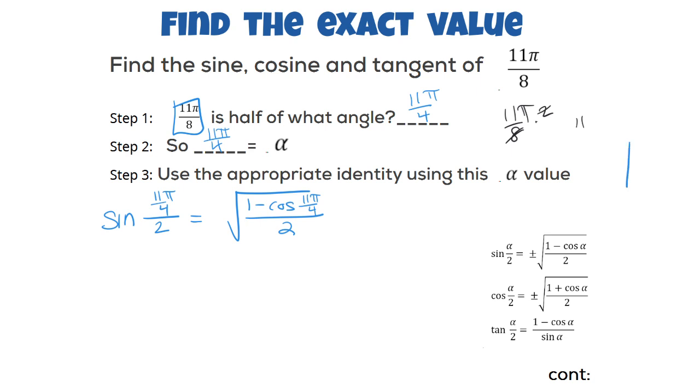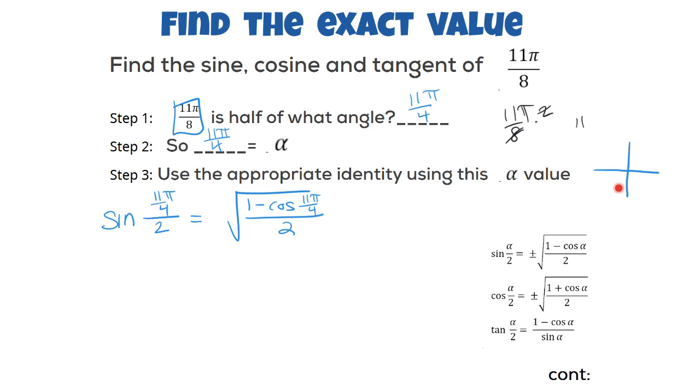So I'm going to come over here and think about this. An 11 pi over 8. Remember, this is 1 pi, this is 2 pi. So you're really looking at the fraction 11 eighths. Well, 11 eighths is greater than 1 because this would be 8 eighths, and 11 eighths would be another 3 eighths.